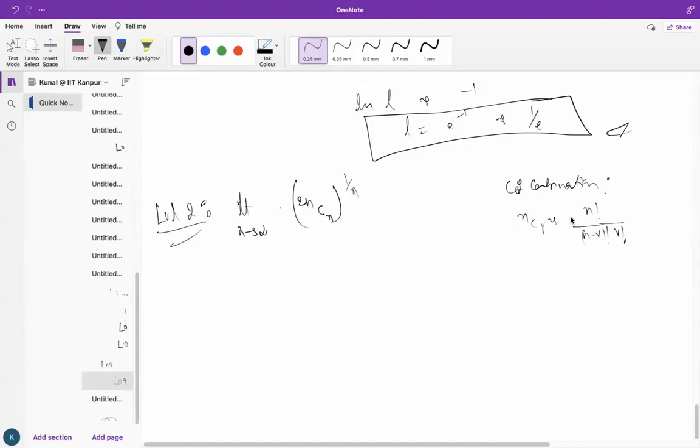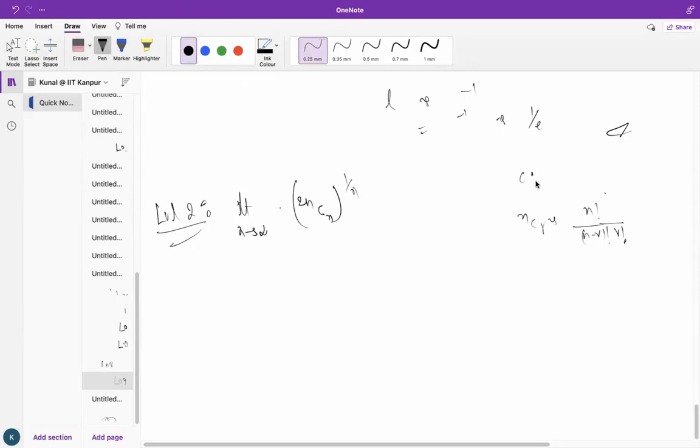So nCr value is nothing but factorial of n by factorial of n minus r. Okay, I think it's unreadable, so let me write it in a clear way and correct it.